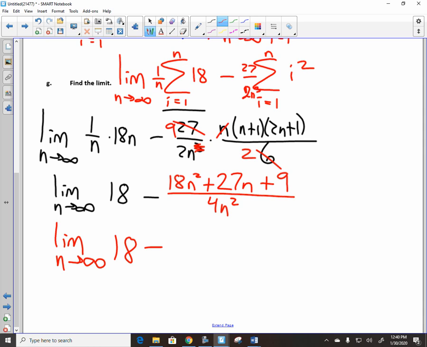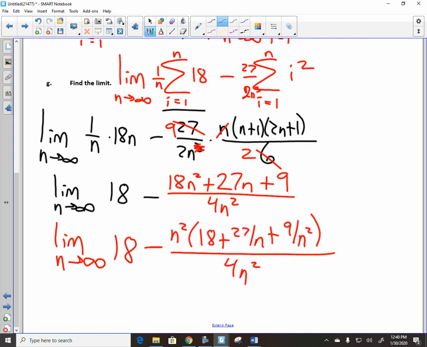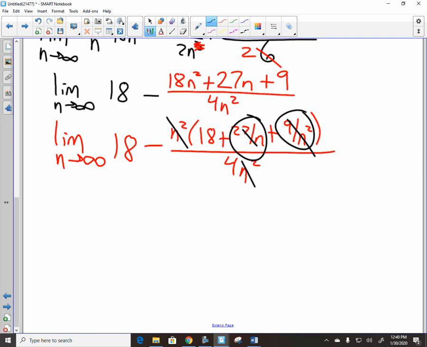Factor out what? 18 plus 27 over n plus 9 over n squared, all over 4n squared. What happens? n squared's gone. Gone. Gone. 18 minus 9 over 2, or 36 over 2 minus 9 over 2 is 27 over 2, which is 13.5.